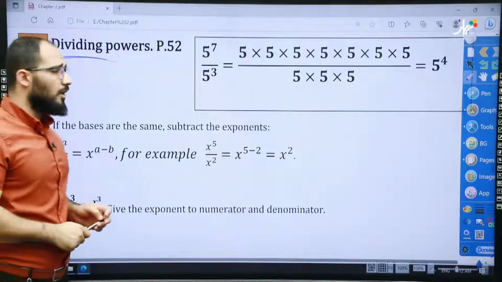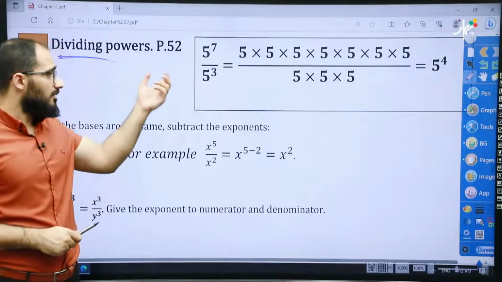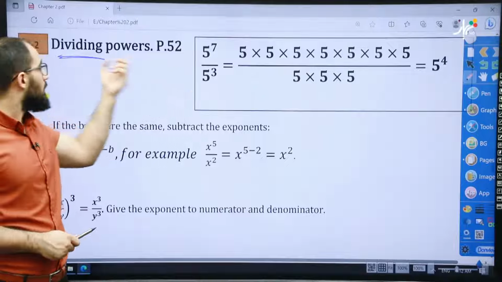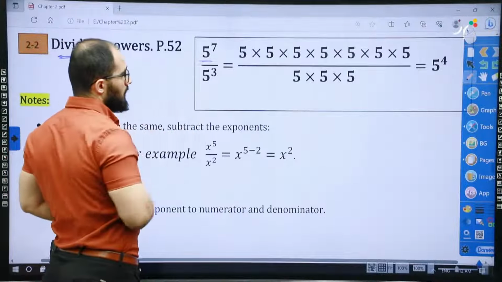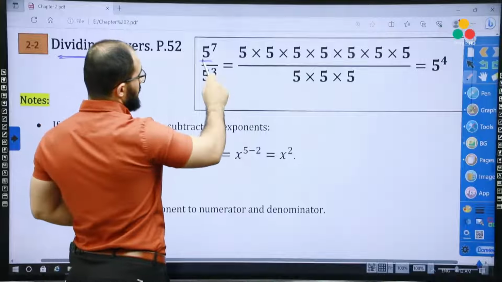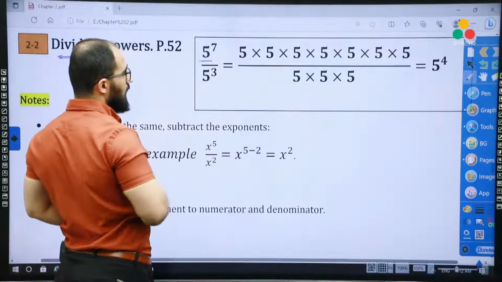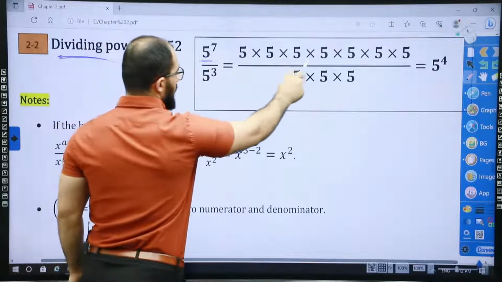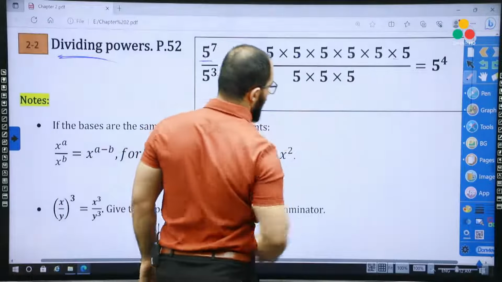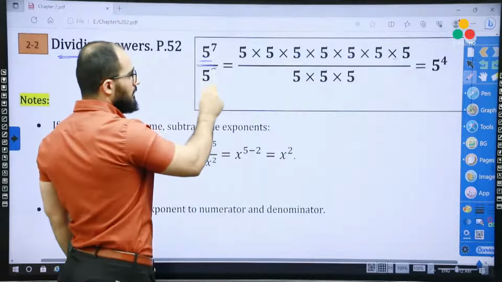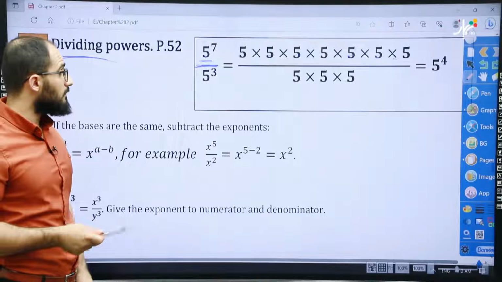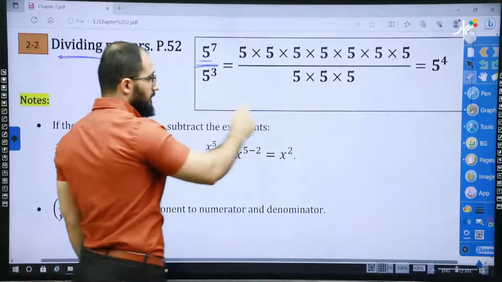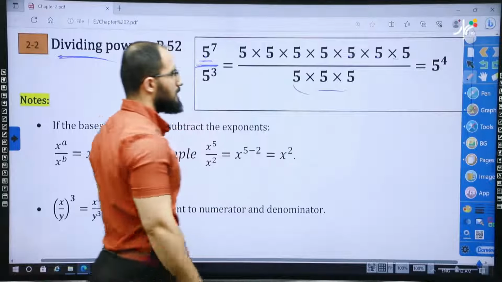Maybe you ask, why do we subtract the powers while we are dividing? If you check this example, it says 5 with the 7th power. It means 5 multiplied by itself 7 times. Dividing by 5 with the 3rd power, or you can say 5 cubed, means 5 multiplied by itself 3 times.